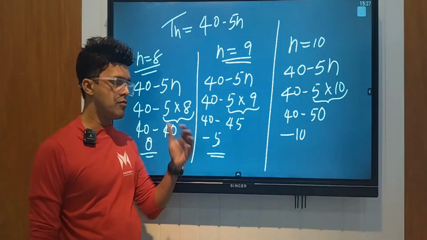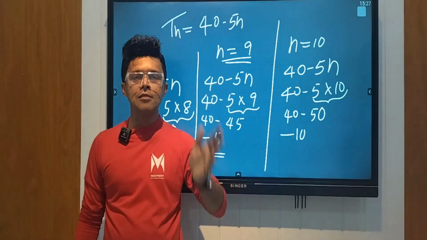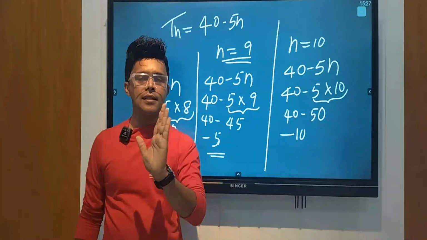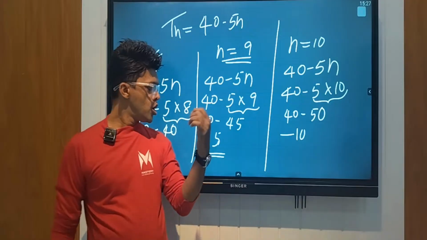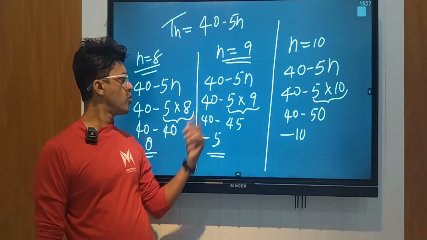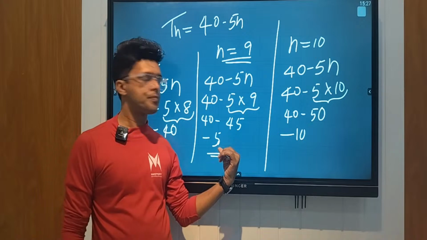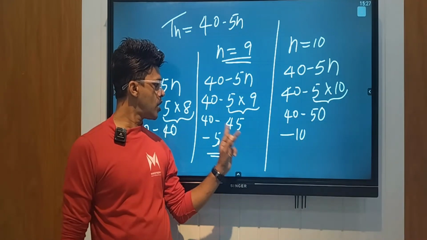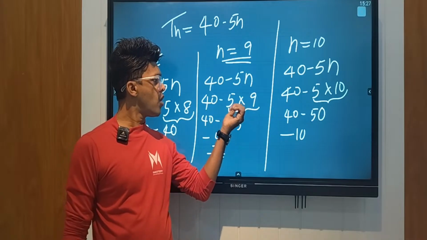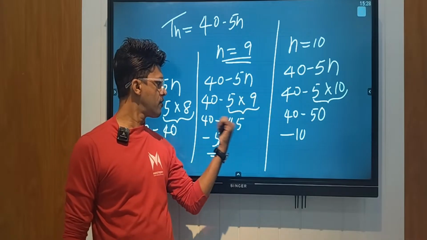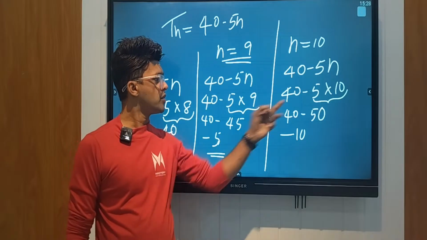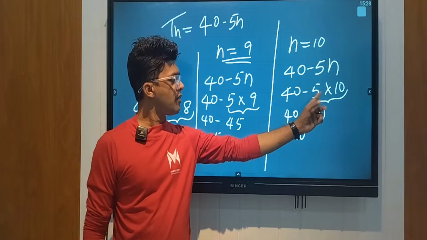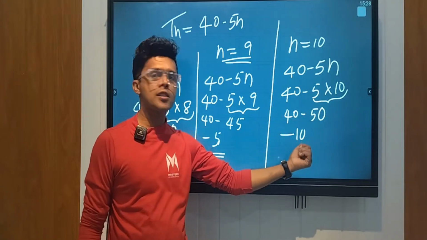Then, after the 8th term, you need to show that all the terms you are going to get in this number pattern are negative numbers. The 8th term is 0. The 9th term is negative 5. Then 40 minus 5 times 9, 45, gives minus 5. Every time this value is less than the previous one, you are getting negative values. The 10th term is 40 minus 50, which is negative.